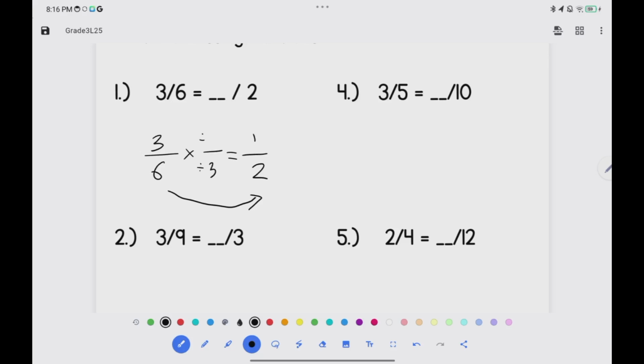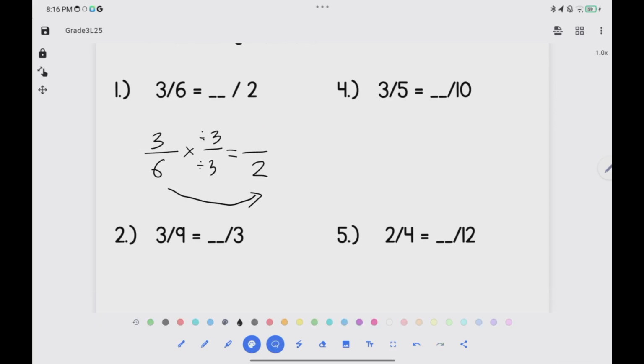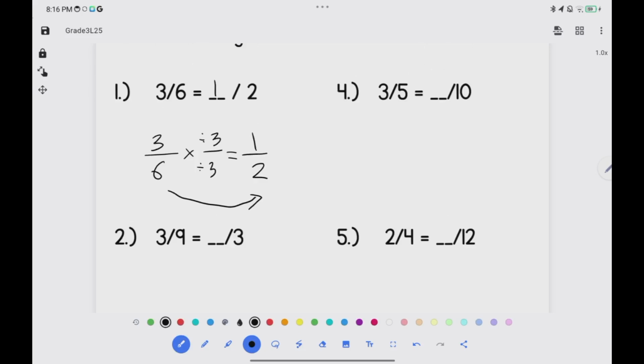And whatever you do to the bottom, you do to the top. So we divide the bottom by 3, so we have to divide the top by 3 as well. And 3 divided by 3 is 1. So the missing number is 1.